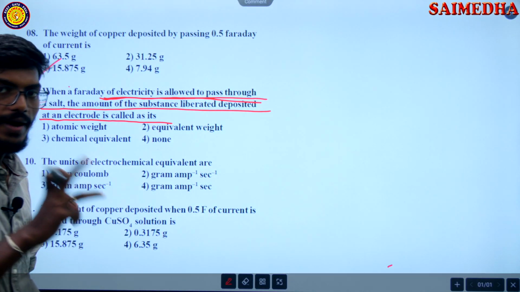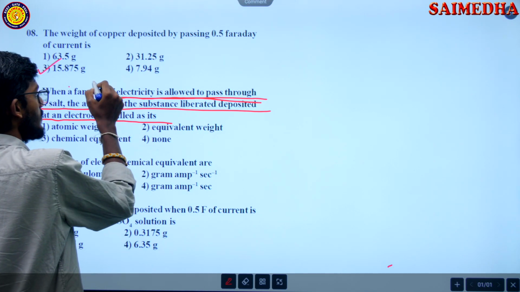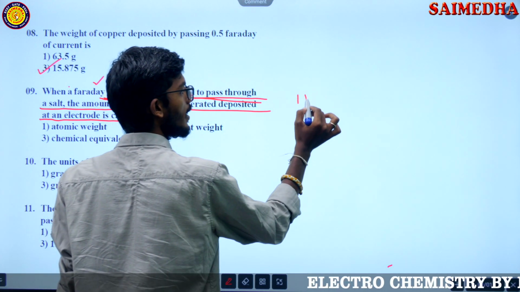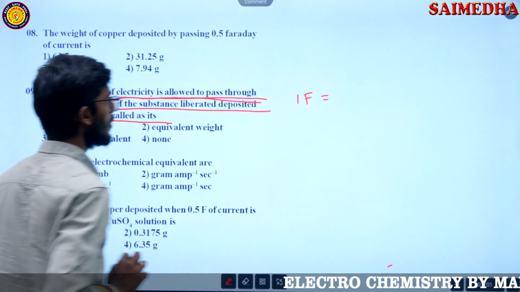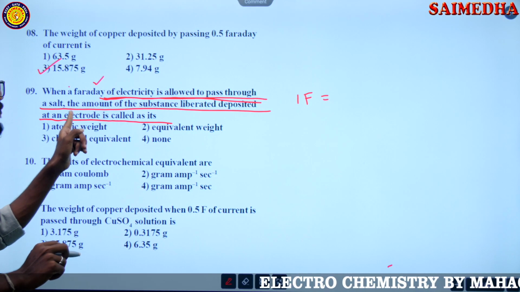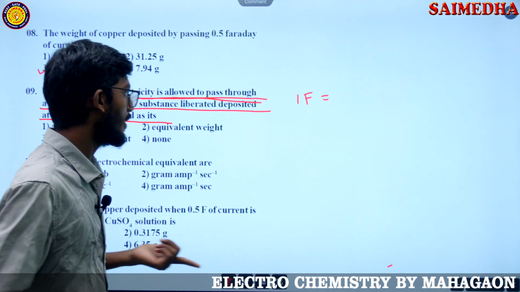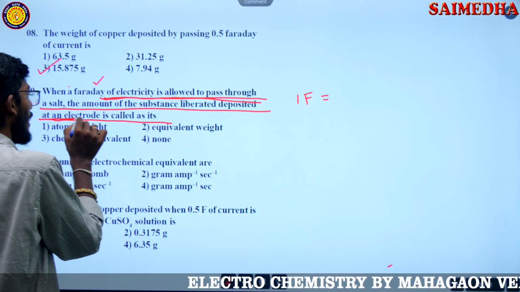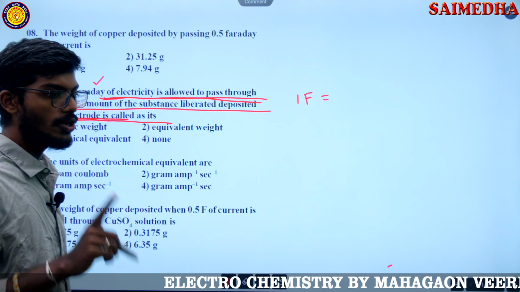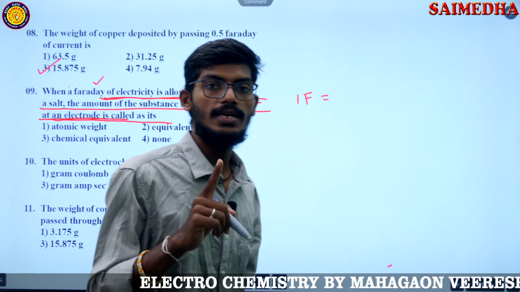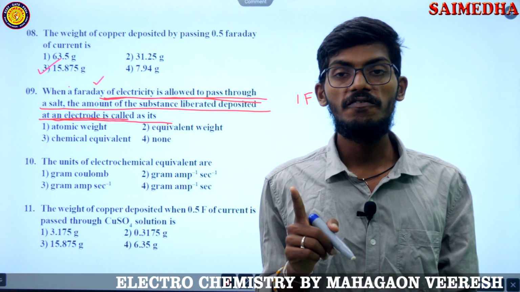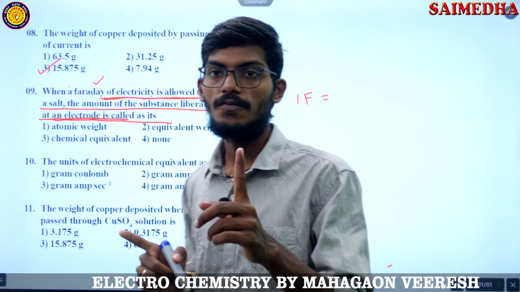When 1 Faraday of electricity is passed, the amount of substance liberated or deposited at an electrode is called. I told you now, 1 Faraday will give you what, guys?